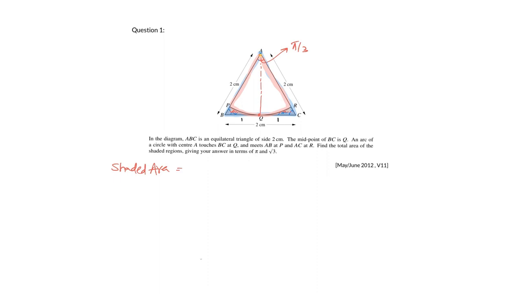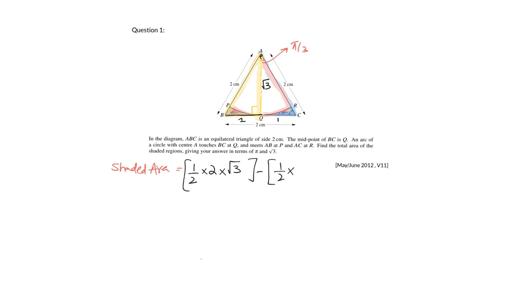So what you can observe is that this over here is a right angle triangle. If it's a right angle triangle, then hypotenuse is 2, this length is 1, and using Pythagoras theorem this length would be root 3. So the area of this complete triangle ABC would be half times 2 times root 3, minus the area of the sector, which is half times r square times theta.